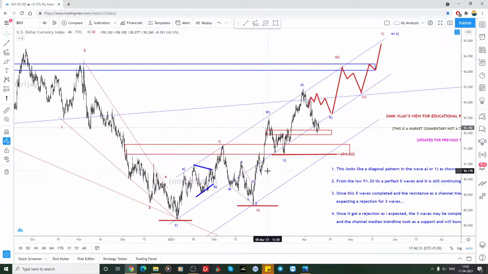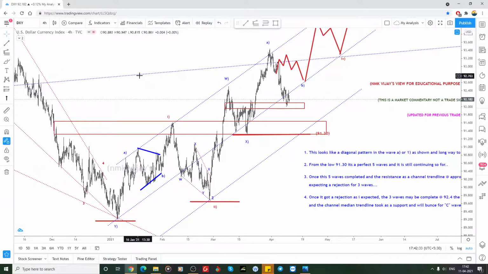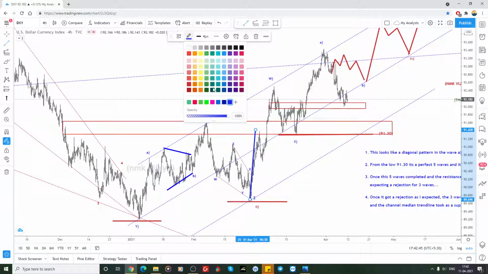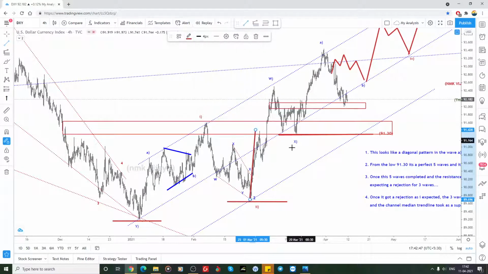Now it looks like a little bit different view. Here also it's 5 waves, and I'll make it red. Here also 5 waves, here also 5 waves.